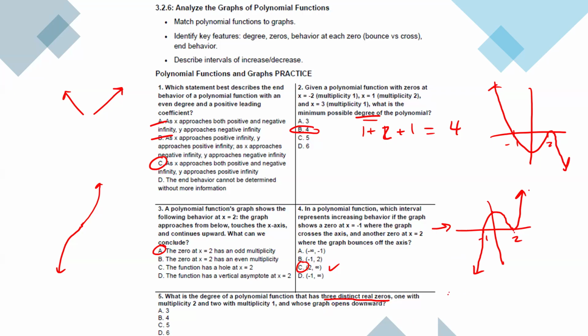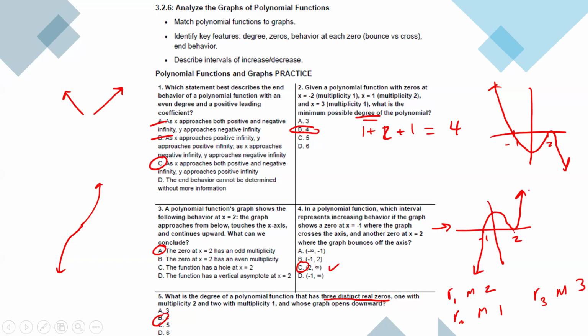So you have root 1, and it has a multiplicity of 2. Then you'll have your root 2, and it has a multiplicity of 1. And then you have root 3, and it has a multiplicity of 3. So putting it all together, and you know that it has to be even, it would be a B.